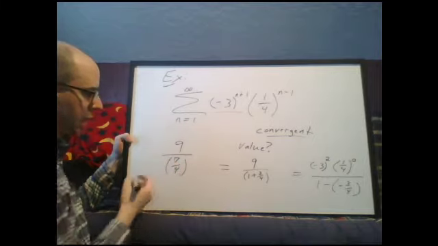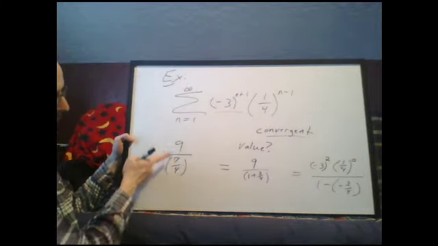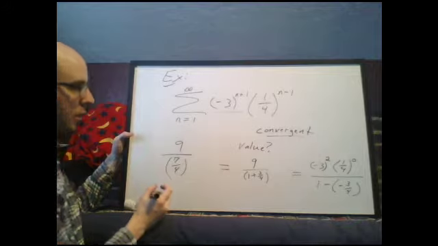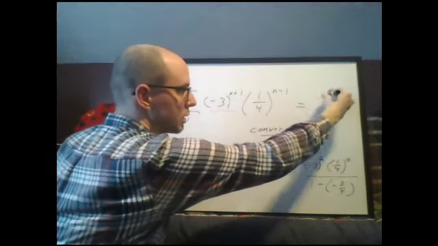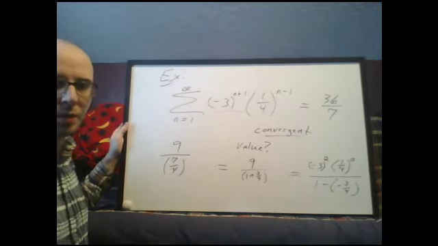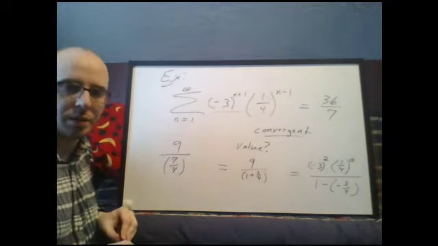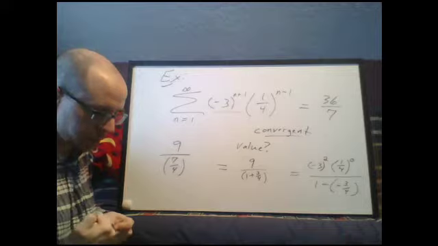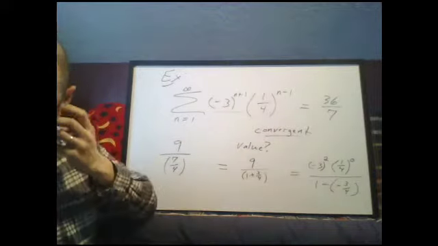So 9 divided by 7/4. So that's going to be 36/7. So my answer here is 36/7. So a convergent geometric series, and its value is 36/7.